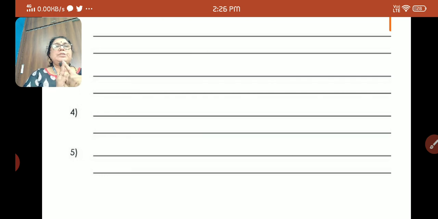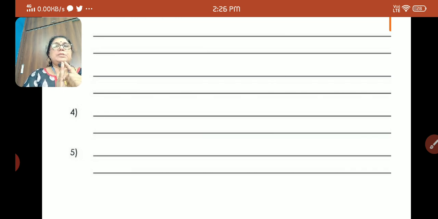Then we learnt the question mark. The next punctuation mark was the question mark. A question mark is used to end a question. The third one is the full stop. The full stop is to put an end to a complete sentence. When we finish writing a complete sentence, we end it with a full stop. It is also used as a longer pause while reading.